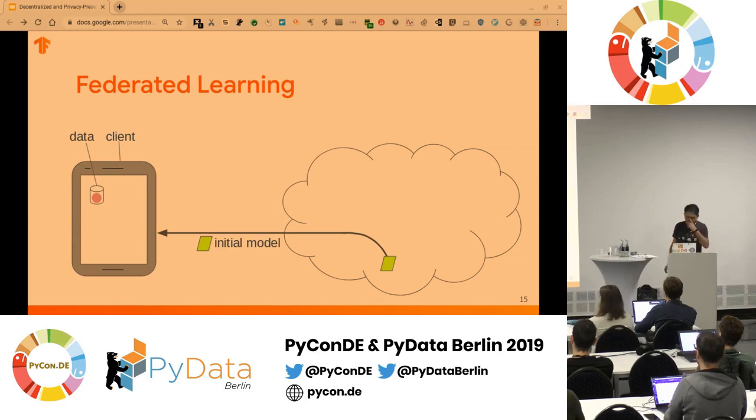So let's just see how federated learning works. The initial model is decided by the model engineer. So they decide what the initial model is, and the initial model can be very simple. Even random initialization is sufficient, is what we found out. And if you have proxy data, like in the previous slide, you can train on the proxy data, and that becomes your initial model.